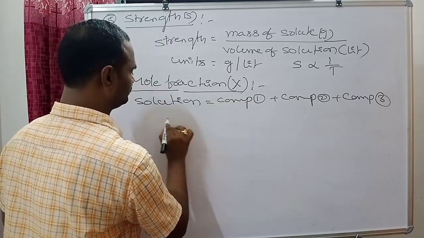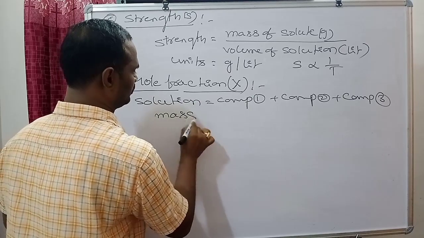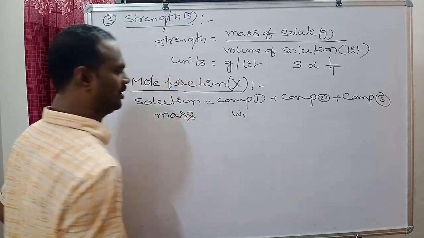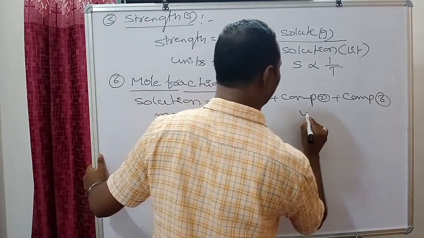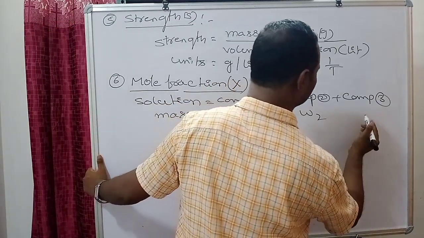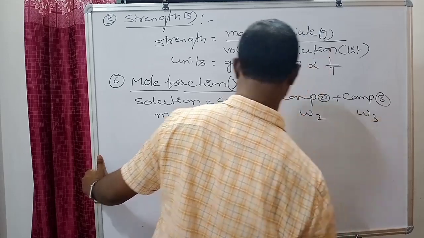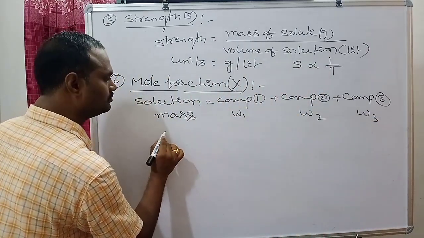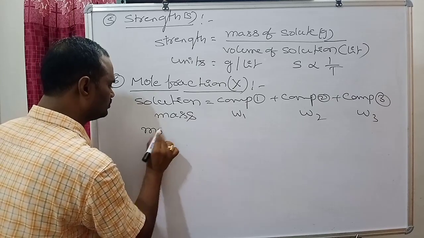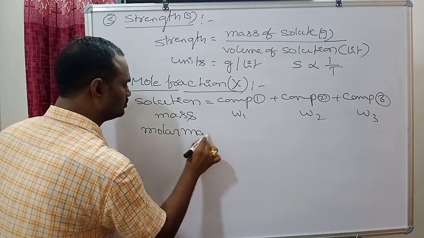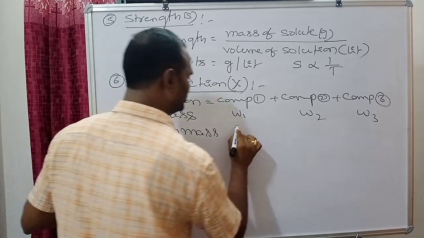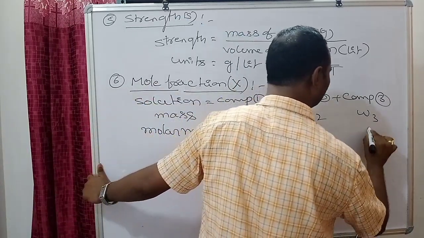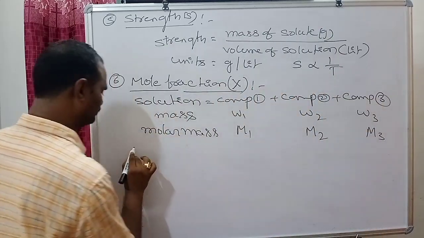Mass of component 1 is denoted with W1, mass of component 2 is W2, mass of component 3 is W3. In the same way, the molar masses are M1, M2, M3.